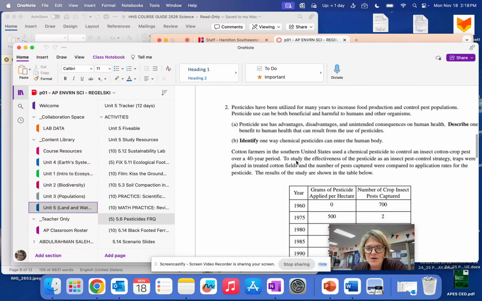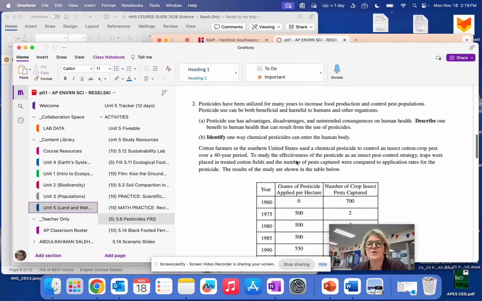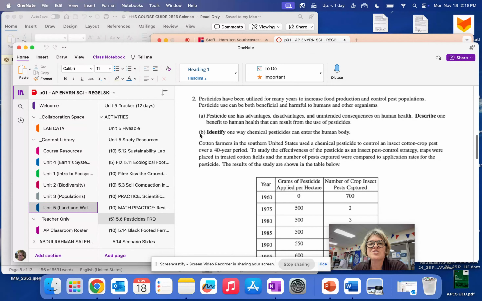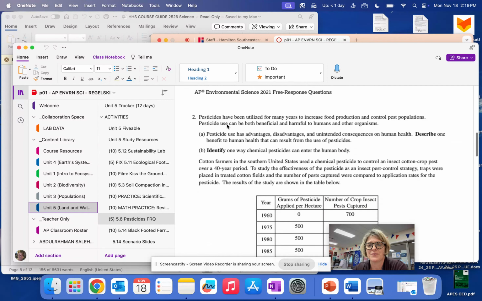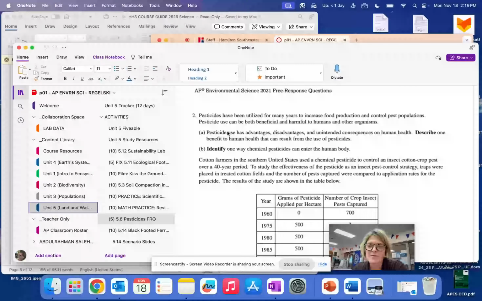So today, what I want you to do is go through this FRQ and answer these questions. You'll notice that question A and B, this is information that we haven't actually talked about yet. But I do want you to answer those questions. So you may need to Google some of the information, or you might be able to get the information just from talking in your groups.